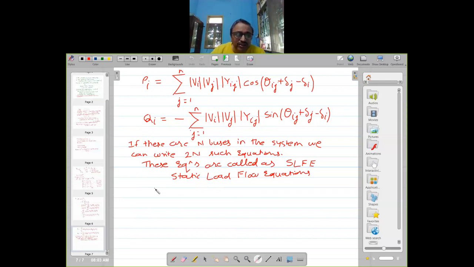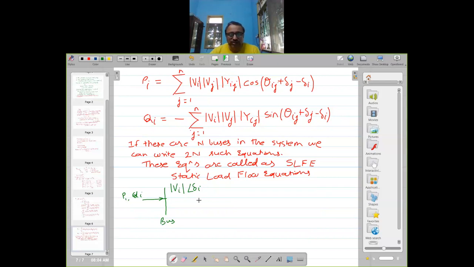Let us look at any bus. What are the variables associated with this bus? This is the net power injected into the bus, Pi and Qi, and these are the voltages of this bus, Vi and delta i.